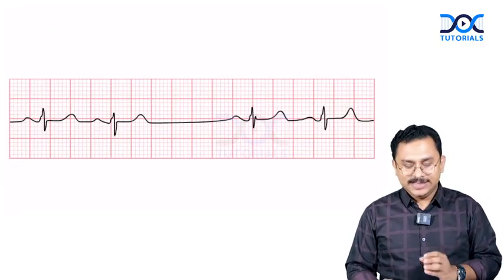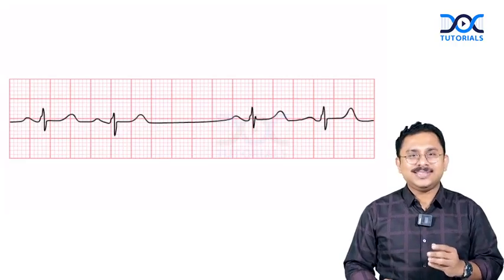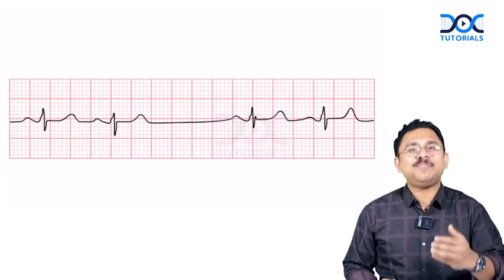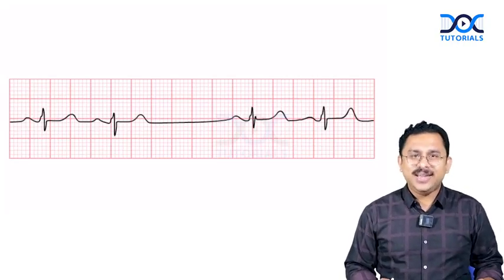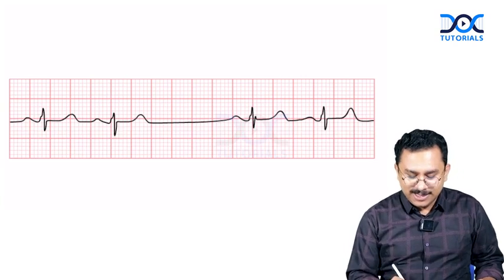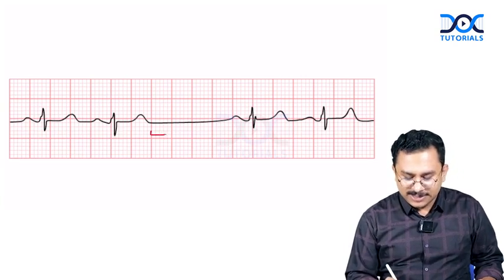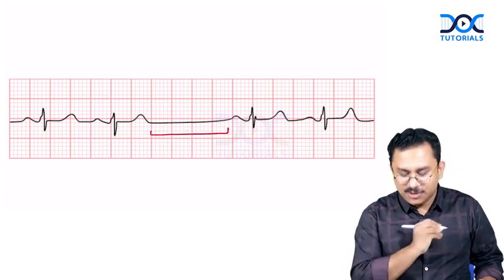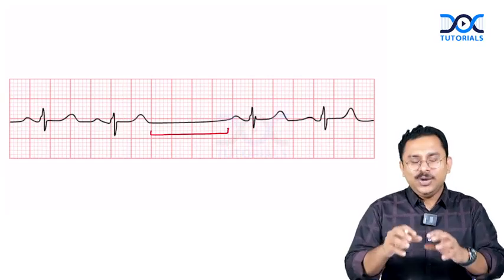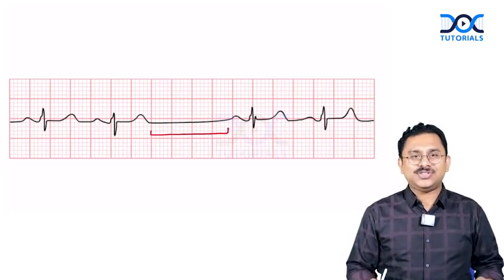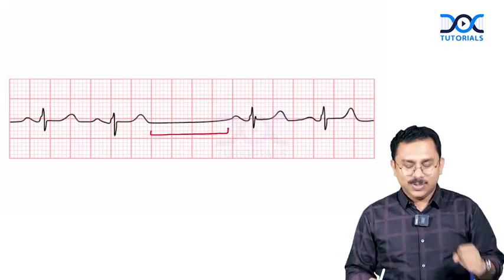Coming to the next ECG, if you scan through this, it looks very similar to the previous ECG that we have discussed. You are seeing a period of sinus pause, aren't you? But what is unique about this sinus pause compared to the previous one?